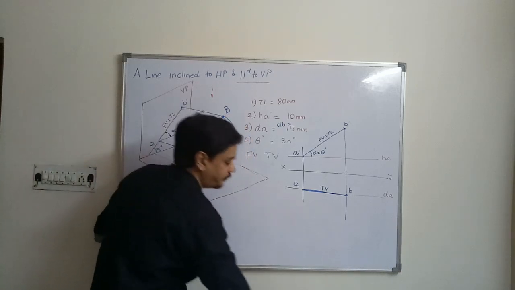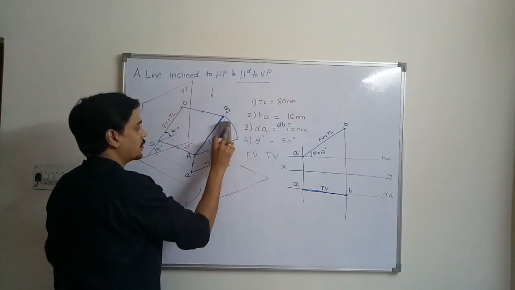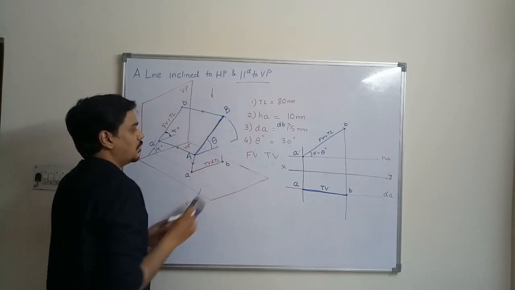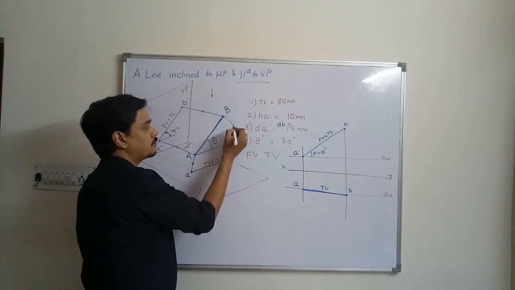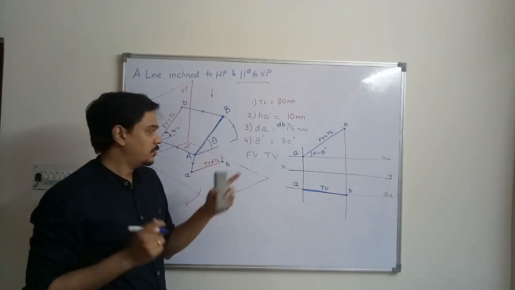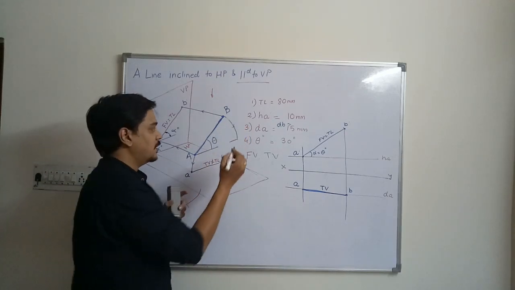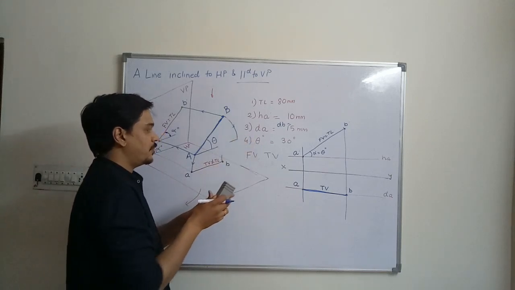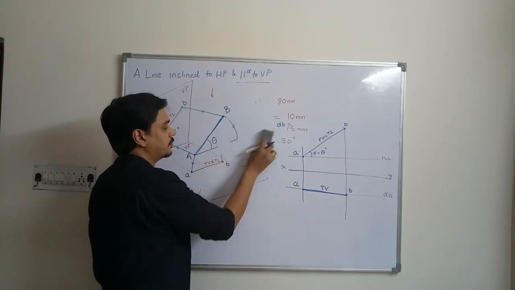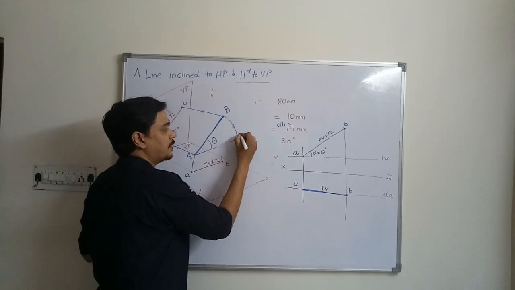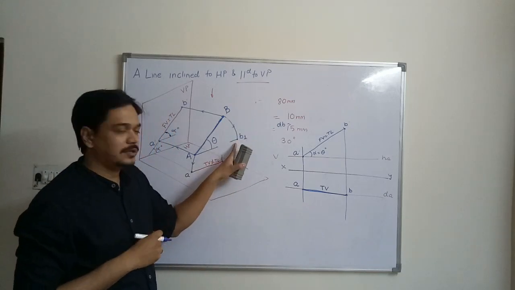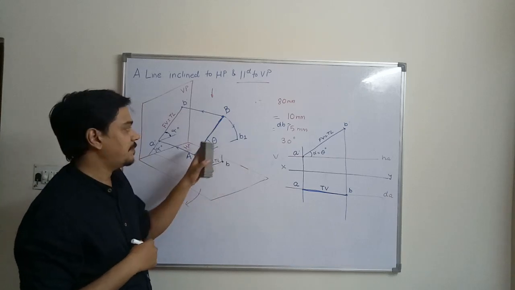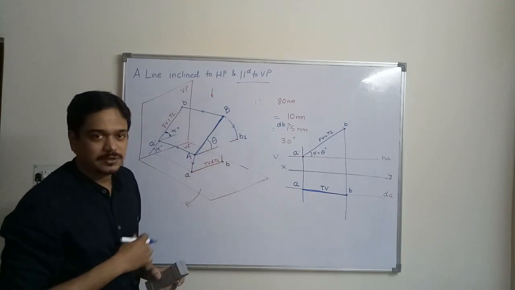Now you have rotated the actual line, so it becomes parallel to the horizontal plane as well. Let us name this point as point B1. This is nothing but the new position of the line AB indicated by B1.